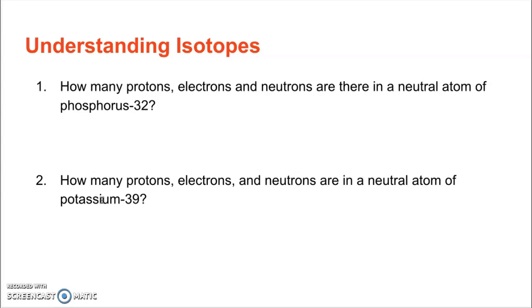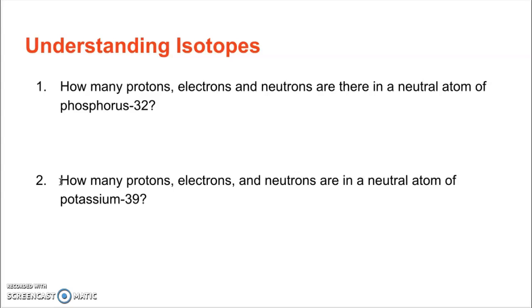Okay. We can do the same thing for this second problem. Finding the protons, electrons, and neutrons in a neutral atom of potassium 39. If I go onto my periodic table of elements, I can find that potassium has an atomic number of 19, which means that I'm going to have 19 protons.